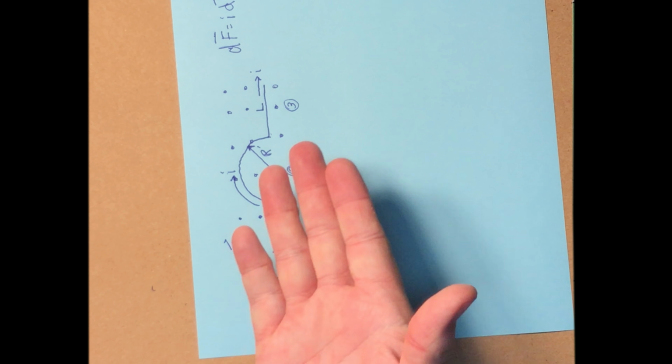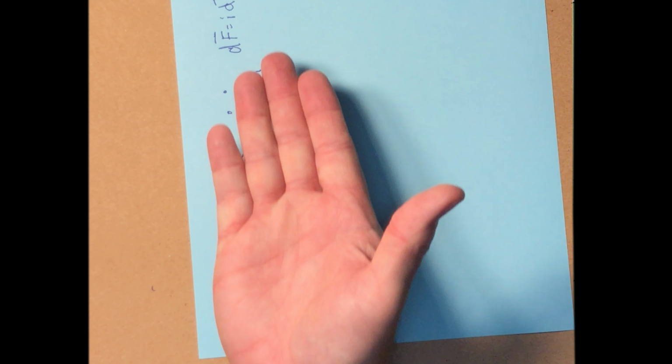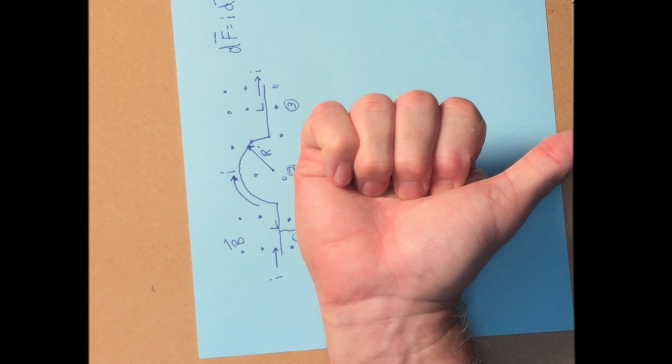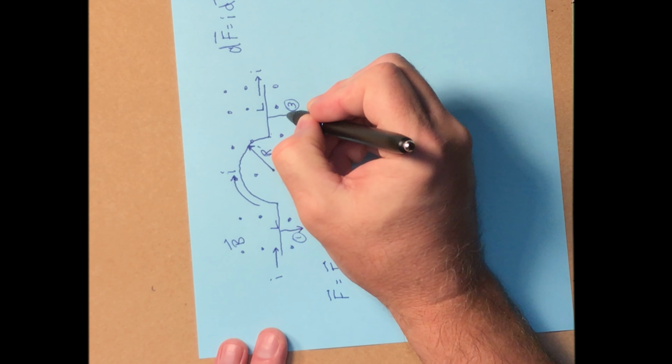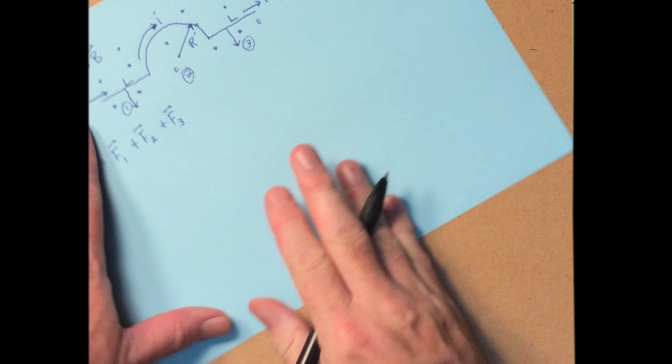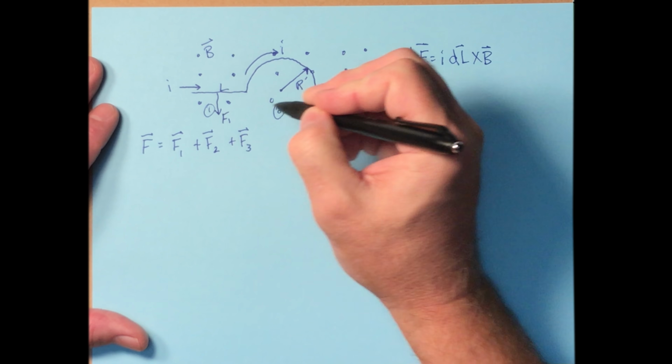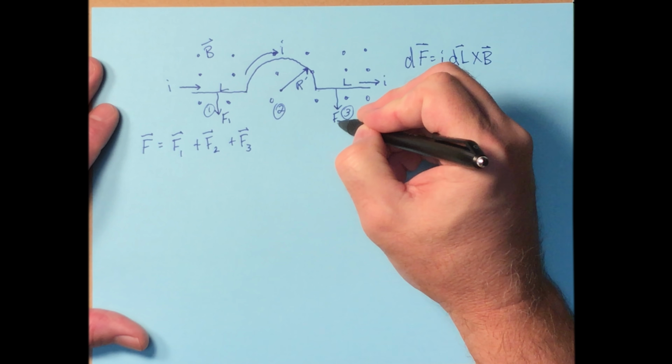The same would be true over here for section 3. I dl cross B, force is downward in that direction. Okay, so turning it back around now, you can see this is force 1, this is force 3.